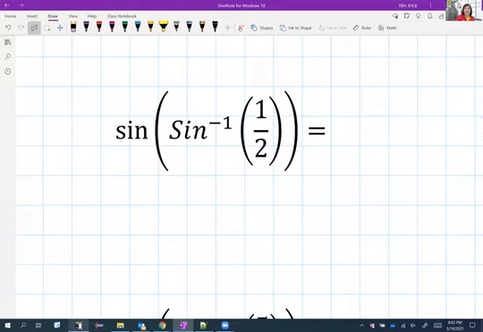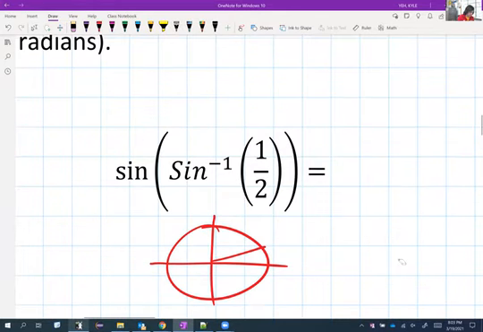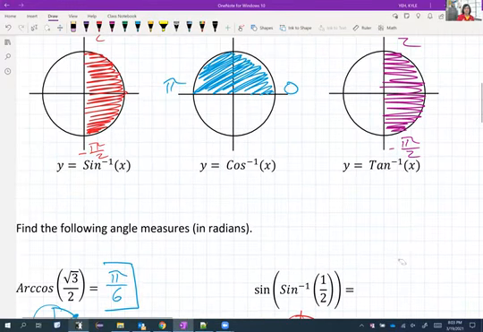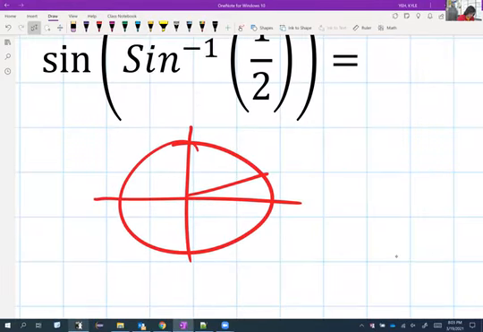What is sine of inverse sine of 1/2? So now we're going to start seeing some doubles. Well, I know that sine is the y coordinate, so if it's 1/2, it's here or here. But I know it's probably in that first quadrant because if you remember, sine is negative pi over 2 to positive pi over 2, it's got to be this pi over 6.